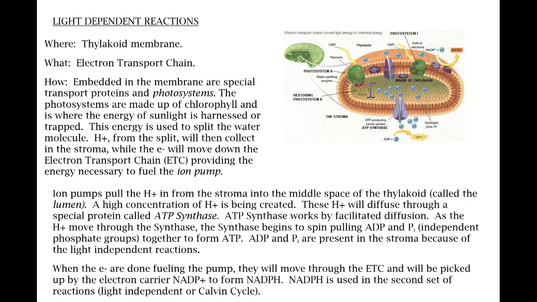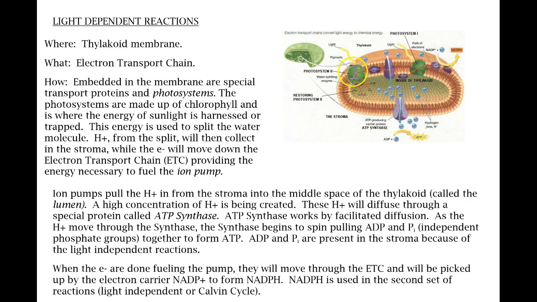The oxygen we're not going to worry about because it's going to leave the cycle. But the hydrogen ions, some are going to collect in the lumen, where others are going to collect in the outside.